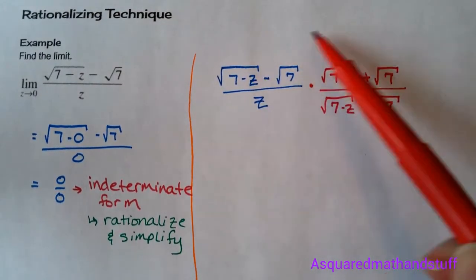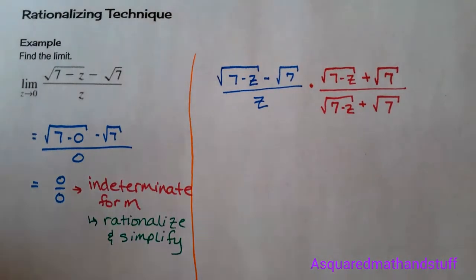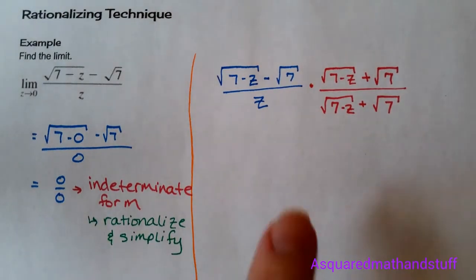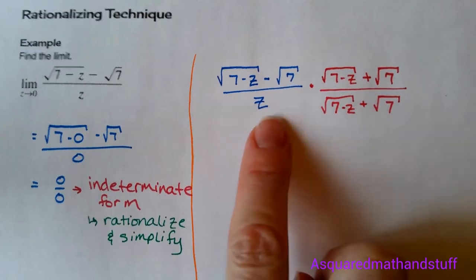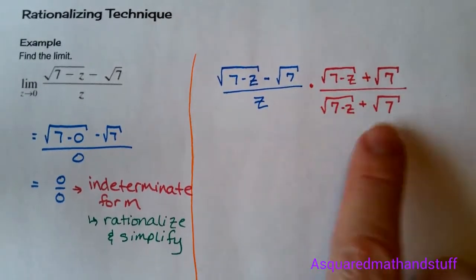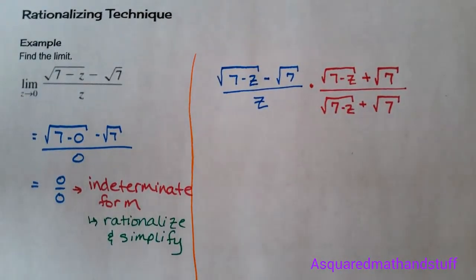So let's distribute all the way through for both the numerator and denominator. Well, actually in the denominator, I'm not going to distribute. I'm going to keep this as two separate terms that are just multiplied together, because again, we are looking to simplify things. So hopefully something is going to cancel out here.